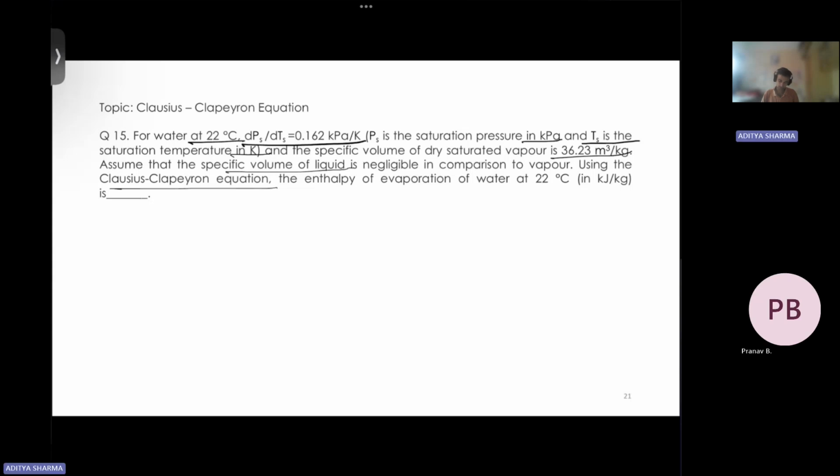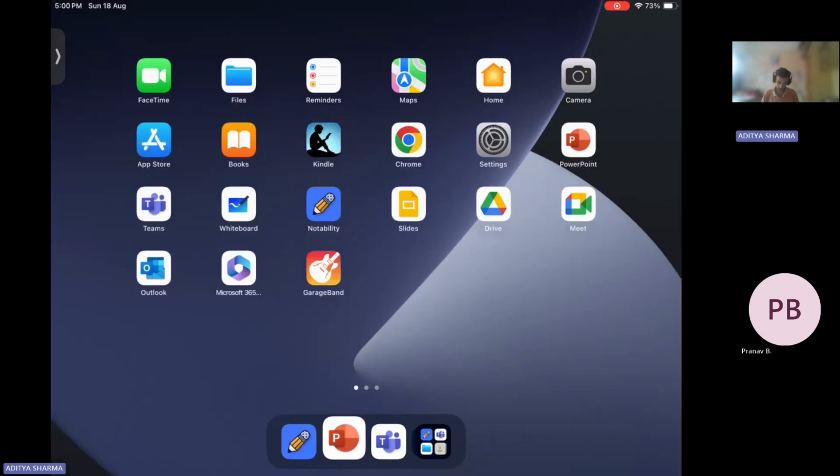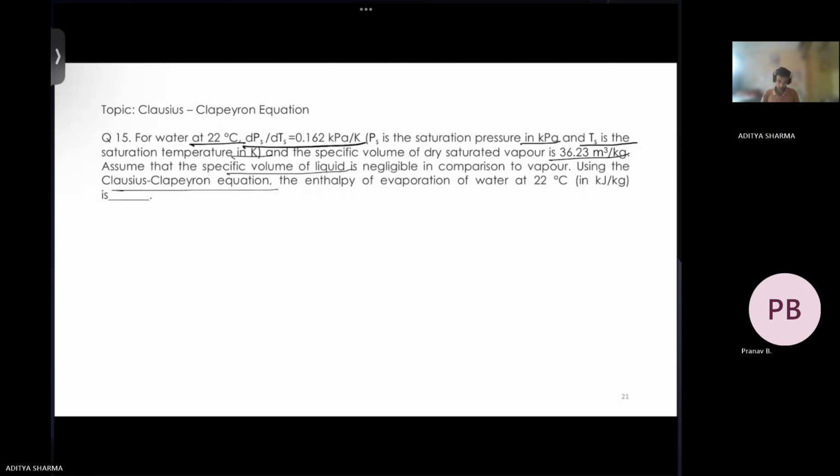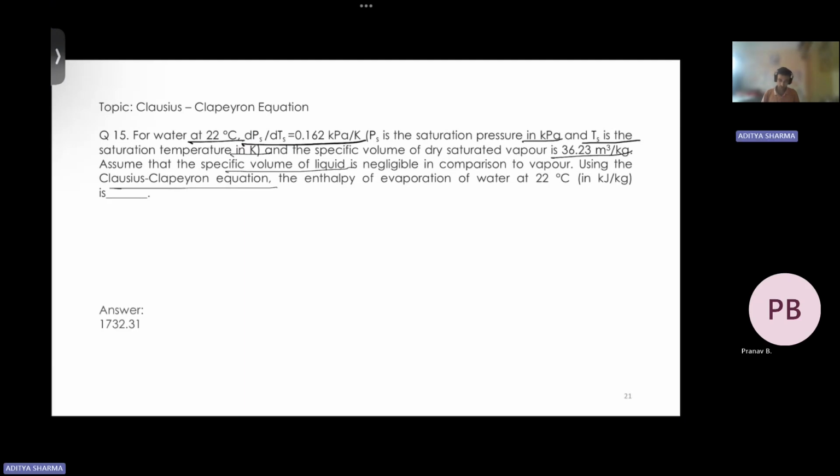So this will be in kilojoule per kg only, because dP by dT is also in kilopascal per Kelvin. So 1 kilo we have. All right, so this is your last numerical, and we are done with it. Okay.